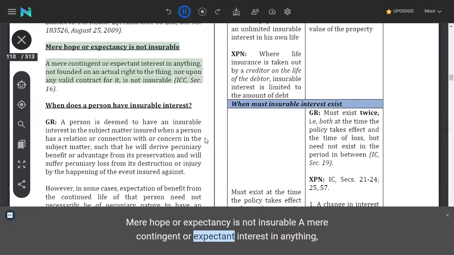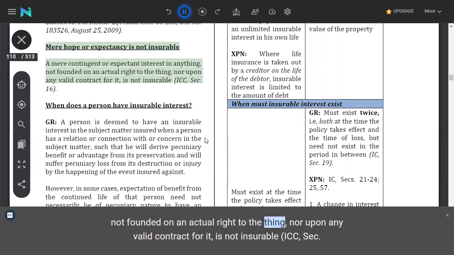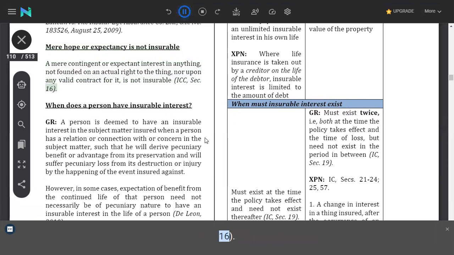A mere contingent or expectant interest in anything, not founded on an actual right to the thing, nor upon any valid contract for it, is not insurable. Section 16. When does a person have insurable interest?